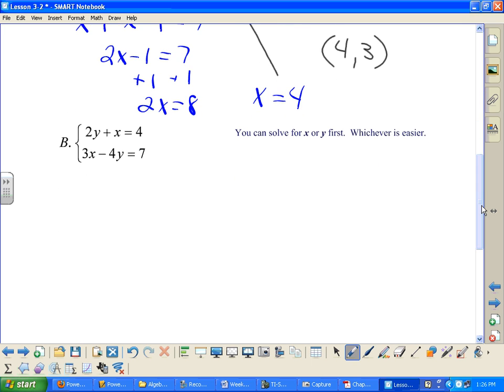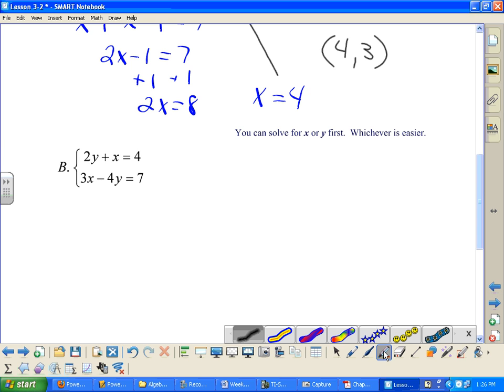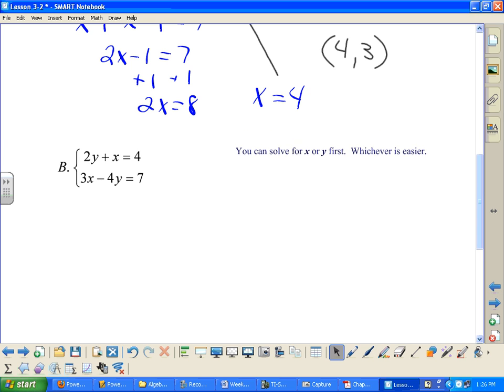Sometimes when we get the equations, they're not written out as x equals this or y equals this. So what you need to do then is that you're going to have to solve for x or y first, and we want to do whichever one is easier.